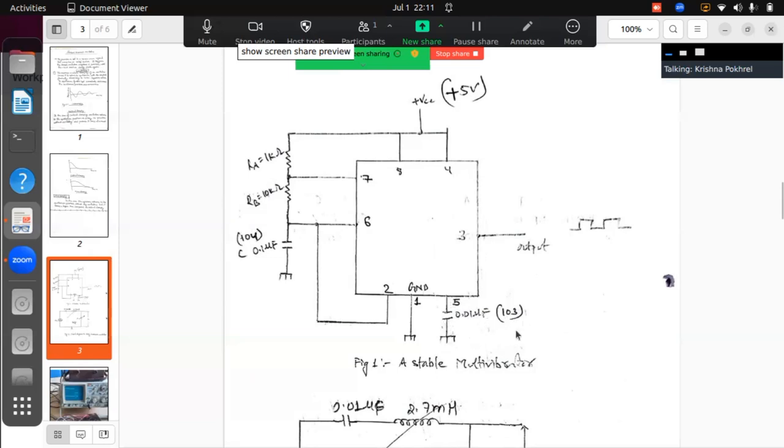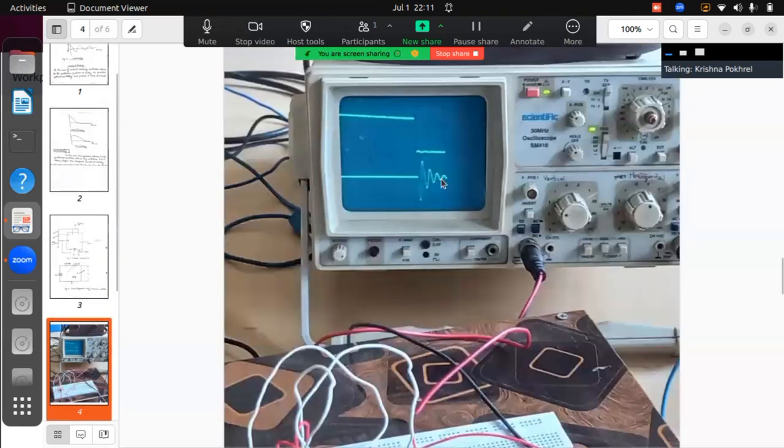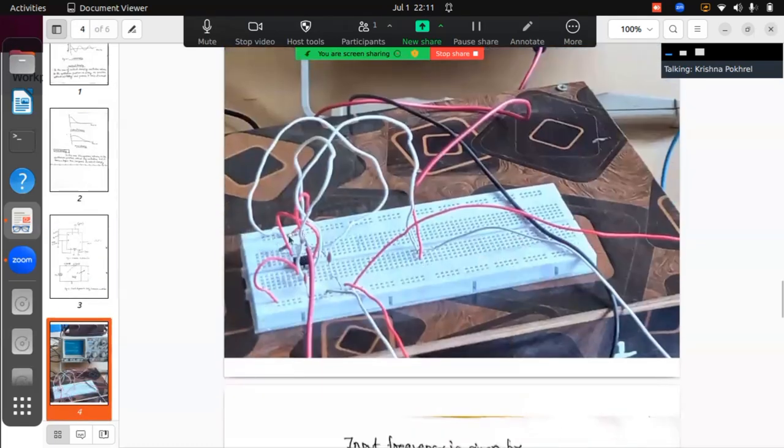Make sure you have connected 5 volt and ground from the power supply. This is our IC 555 timer, with 4 legs on this side and 4 legs on the back side. We count from here: 1 2 3 4 and 5 6 7 8.